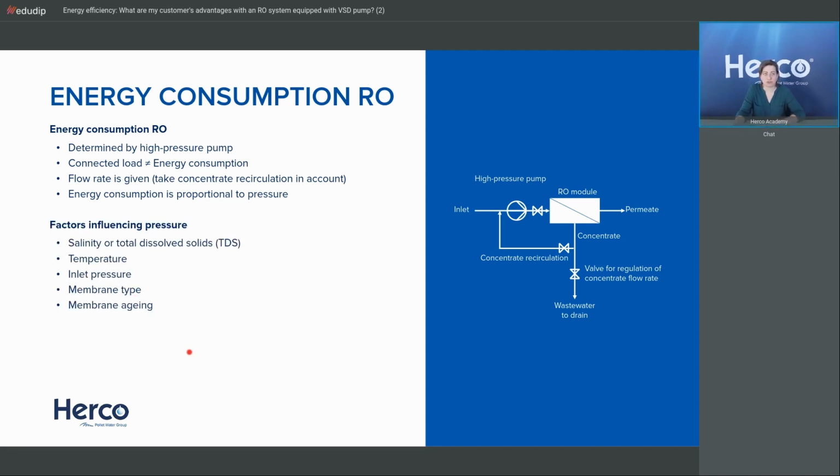What influences pressure? First, in many cases the most important factor, the total dissolved solids in the inflow. This determines osmotic pressure and therefore the pressure you need to work against it to have reverse osmosis and push the water over the membrane. If you have a high TDS, you will need more pressure. If you have a lower one, you will need less. There's another important factor, temperature.